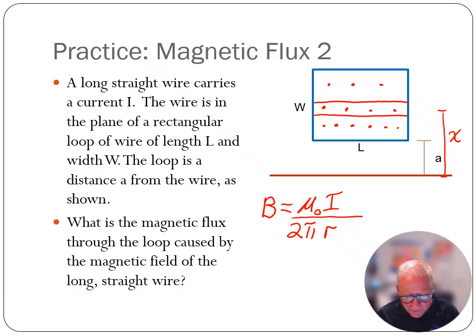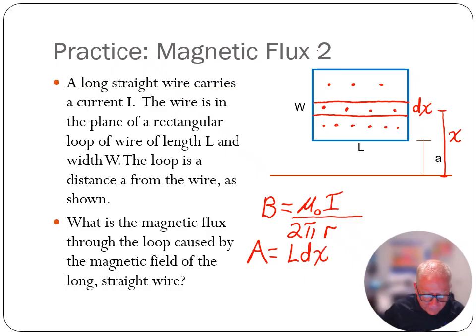And the width of my little strip, a little piece in the direction x, is just going to be called dx. So the area of my strip would be equal to the length of my strip, which is L, times the width of my little strip, which is dx.